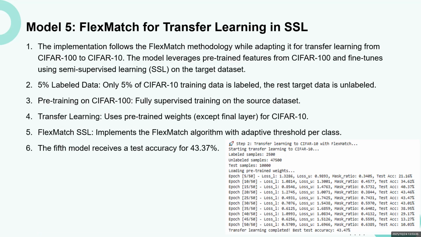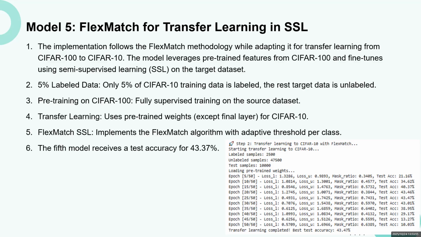We conduct pre-training on CIFAR-100, which means we fully supervise training on the source dataset, and then we use the pre-trained model except the final layer to adapt it to CIFAR-10.